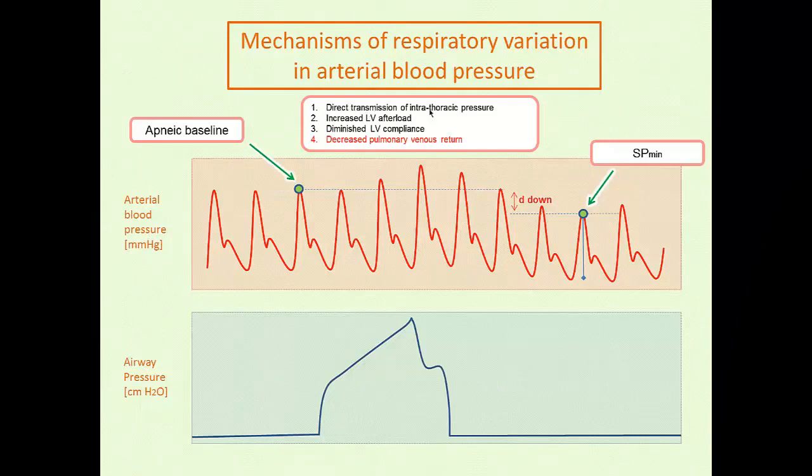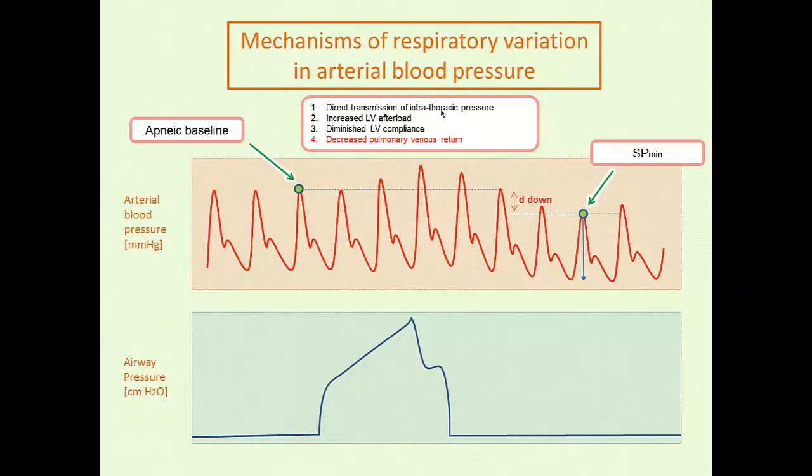So there could be a direct transmission effect. Again, with a positive pressure breath during inspiration, the intrathoracic pressure is going up, and clearly during expiration it's going down, so you'll have a diminution of your intrathoracic pressure as part of it. There'll be an increased left ventricular afterload as the intrathoracic pressure is coming down, but that's probably a minor effect in a normal heart.